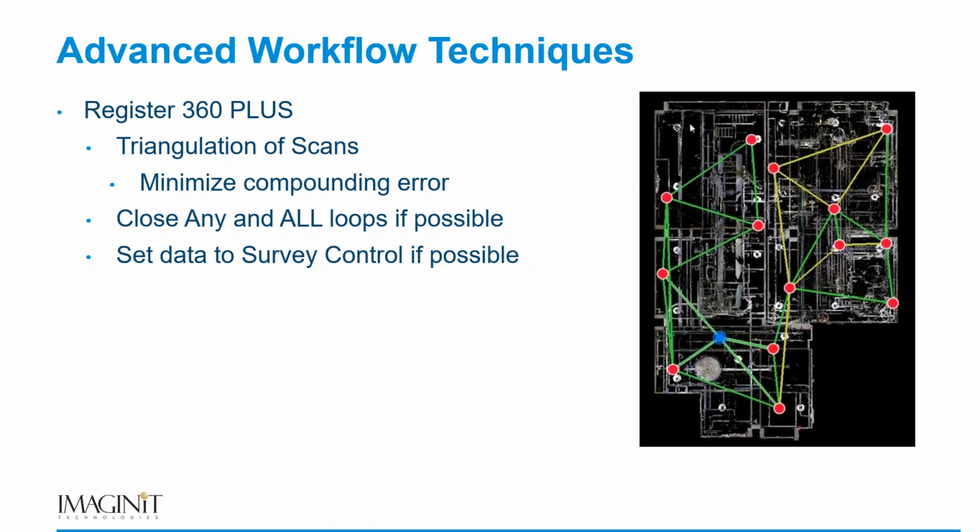What does triangulation of scans mean? That means taking up to 3 scans and interconnecting them to create that triangulation. That is minimizing the amount of compounding error in that scan. That's important. The tighter I get that triangulation, the better my registration is.